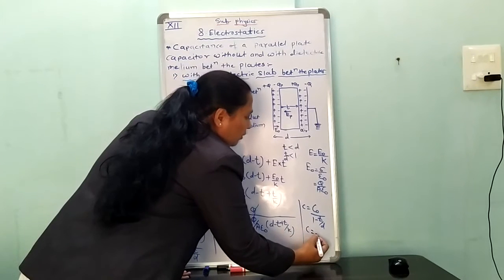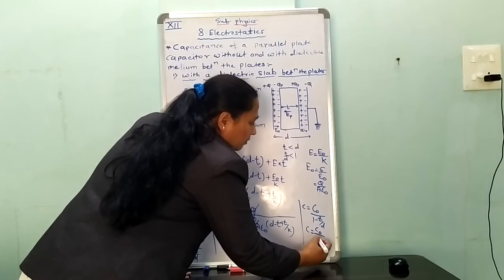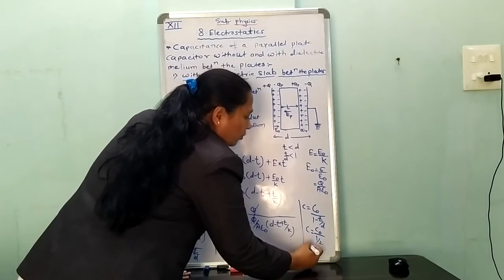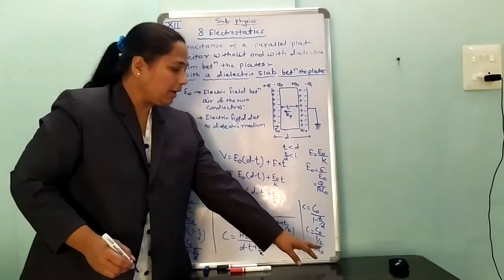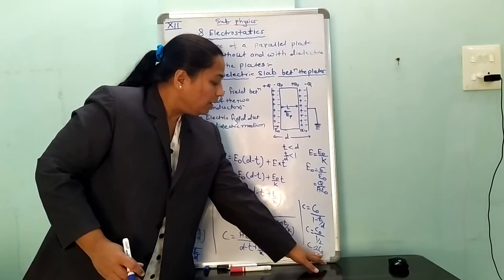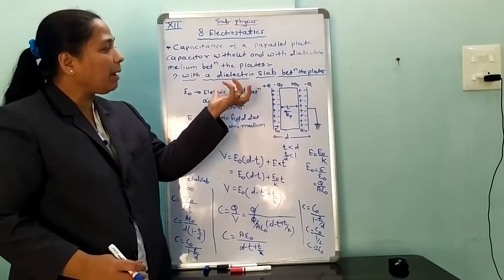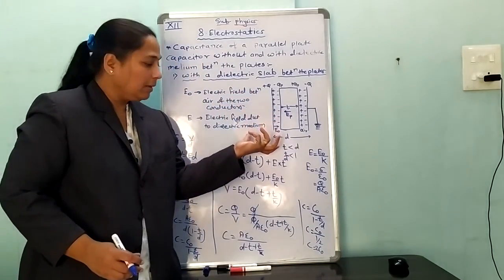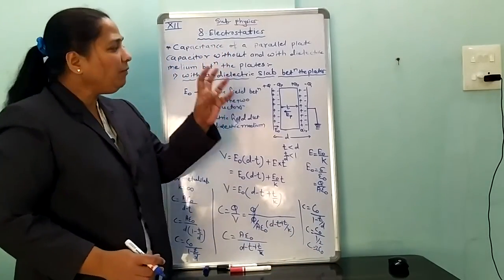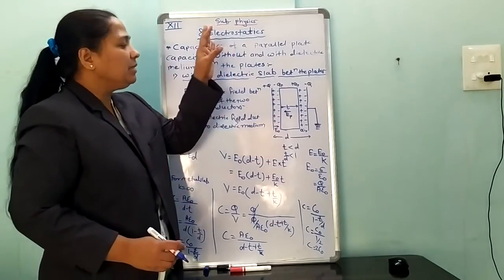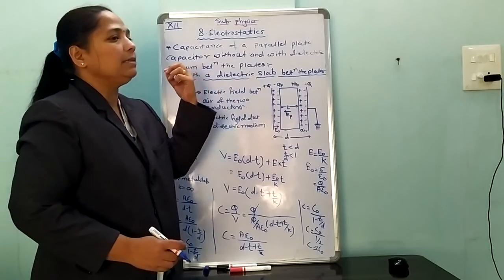Therefore, C is equal to C naught upon 1 minus half, which means half, so C is equal to 2C0. The capacity of the capacitor is doubled compared to that with only air between the parallel plates. Hence, if a dielectric medium is kept between the parallel plate capacitor, its capacity increases.